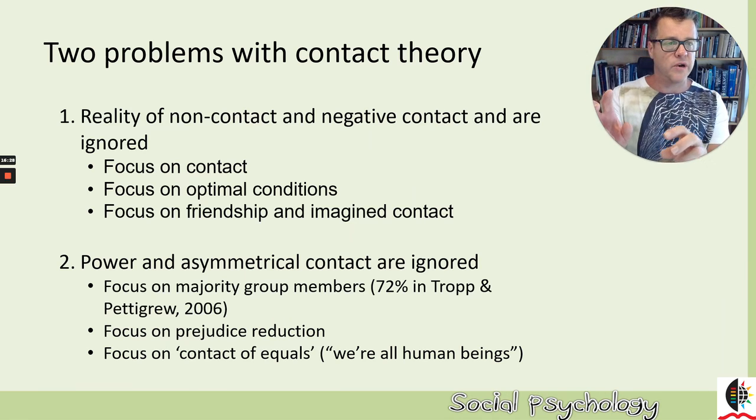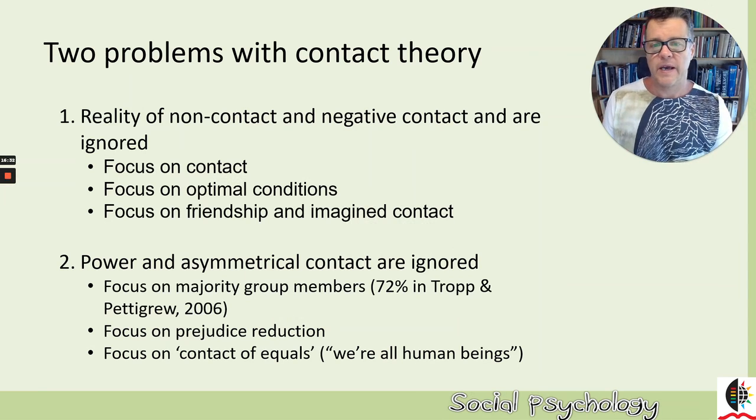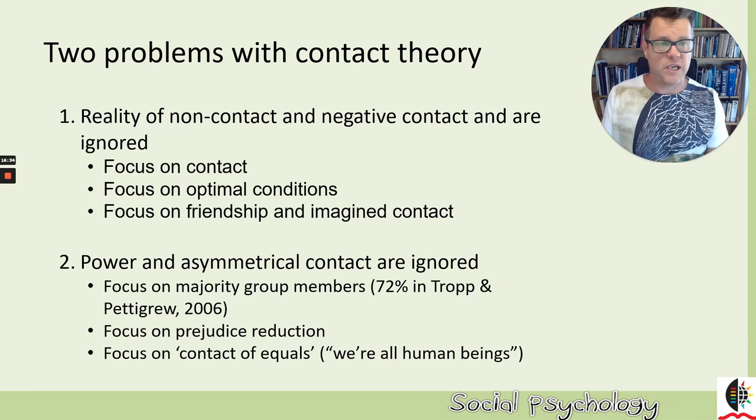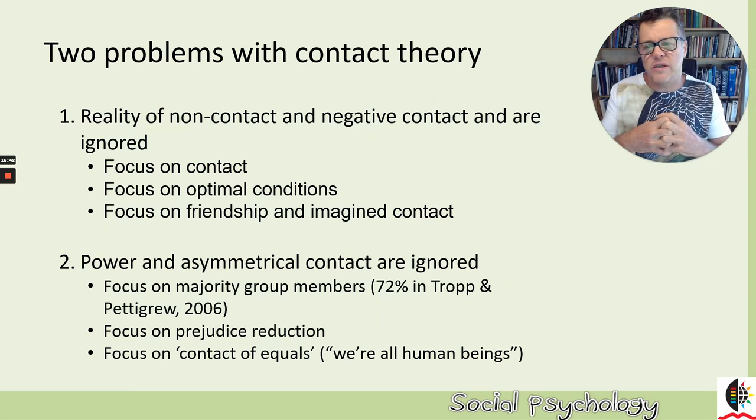It's on the optimal conditions of making friends, but in fact, in many societies, you can take, for example, South African society. It's been desegregated, but we find new forms of resegregation, and often the contact that we have isn't optimal. Are there instances of negativity?